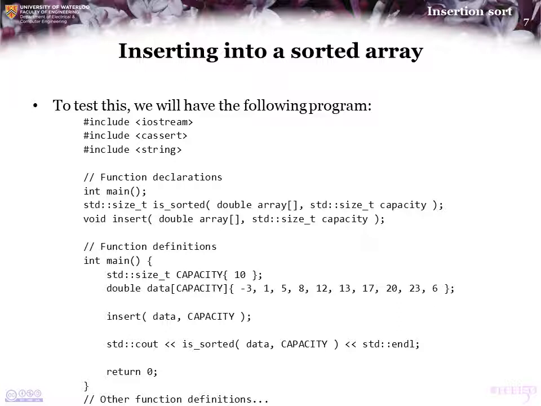Now here I have declared an array of capacity 10 that has those 10 values in it, and then I call insert on that data with the second entry being capacity. I will then check to ensure that the array is indeed sorted. Now, in theory, this should print 10 to the screen, as the array should indeed be sorted.